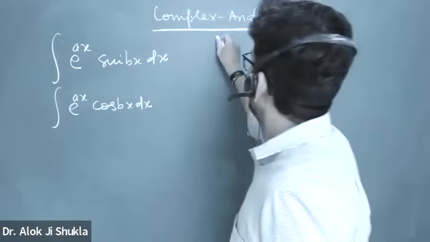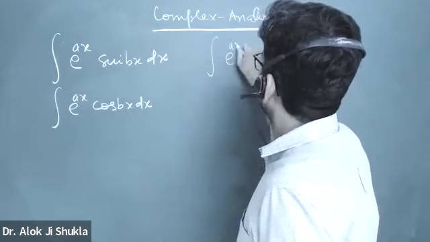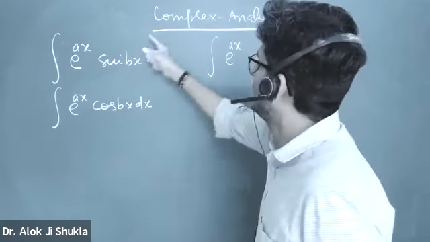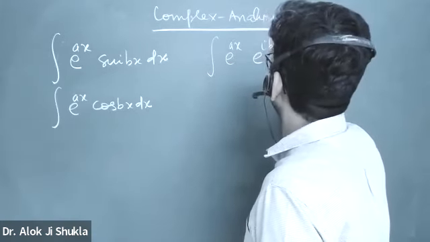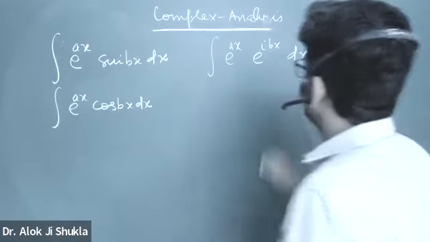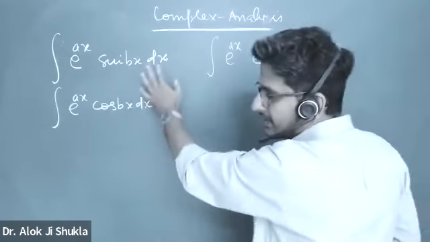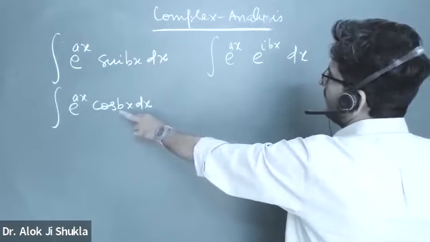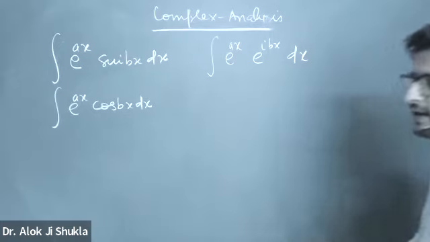Like I will just put integral e to the power ax e to the power ibx. जब मुझे साइन की जरूरत होगी, I will take the imaginary part. जब I will require cos, I will take the real part.